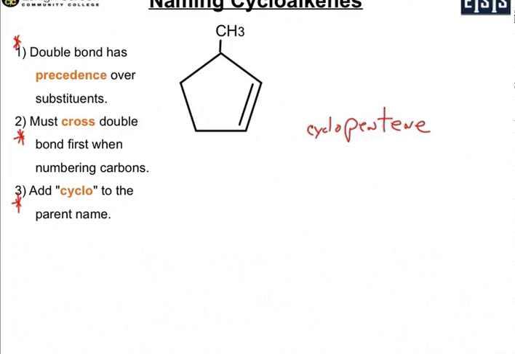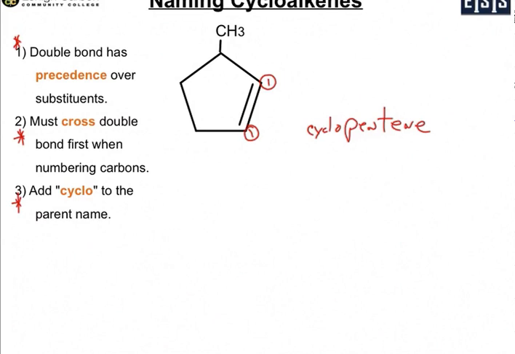And what's going to take precedence is a double bond. So that means that this carbon has to be number one or that carbon has to be number one. We have a choice between those two carbons in setting them as number one because there's two carbons associated with the double bond.